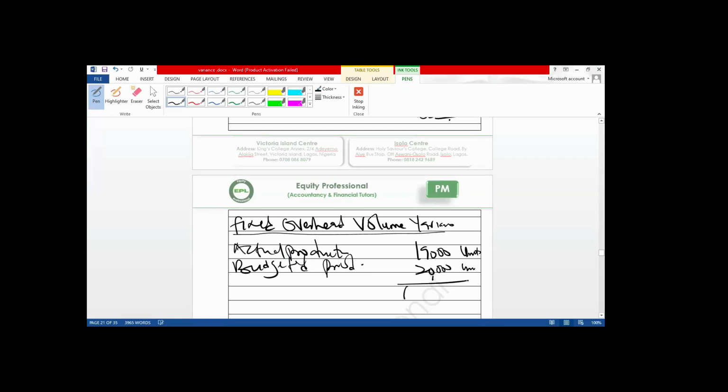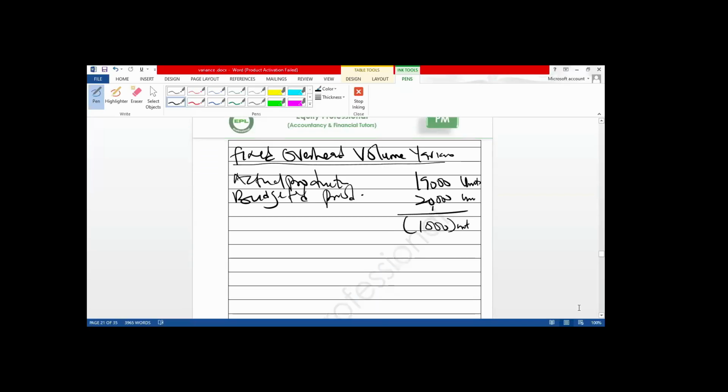Difference, 1,000 units, multiplied by fixed overhead cost per unit, standard, 60 naira. This will give us negative 60,000 adverse.